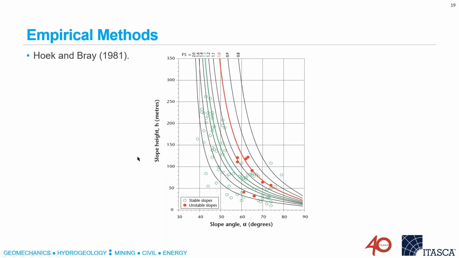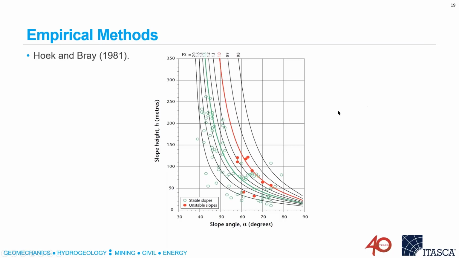And interestingly enough, this sort of tells us also about what slope heights were important in 1981. So 40 years ago, most slopes were less than 300 meters high. There's no data in this chart much beyond 250 meters of height.